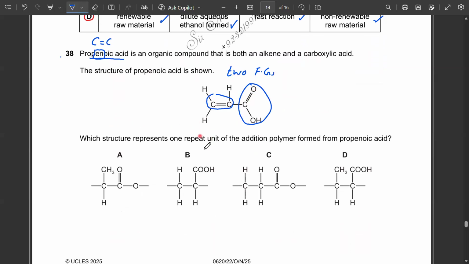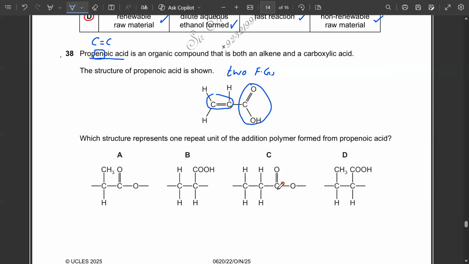So we need to check which polymer will be produced by the union of these monomers. This is a monomer, and what kind of polymer will it form? The carboxylic acid part is not a part of the main chain.